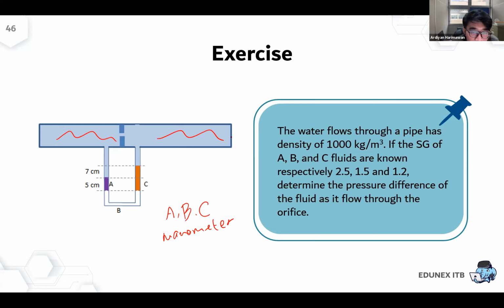How to calculate the pressure difference? Let's say it's P1. This is P2. Basically, P1 minus P2 will be what? Anyone can guess?